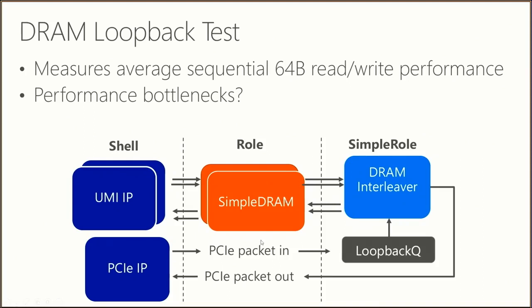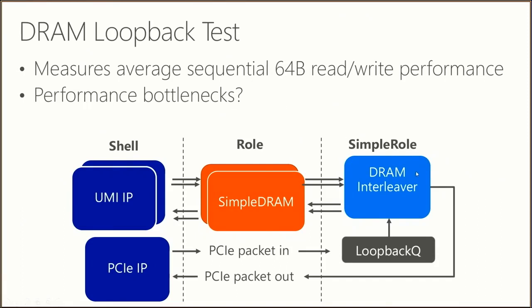We have talked about the simple DRAM module in the architecture section, which simplifies the UMI interface. Here, the DRAM interleaver further simplifies the simple DRAM interface in some sense. It has the capability of accessing memory in three modes: sending all requests to channel 0, sending all requests to channel 1, or interleaving across both channels.